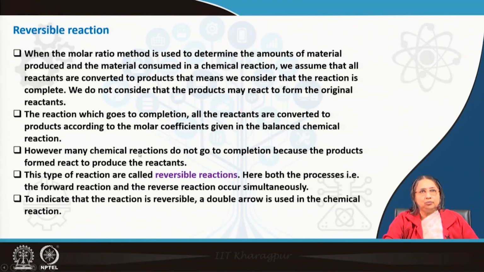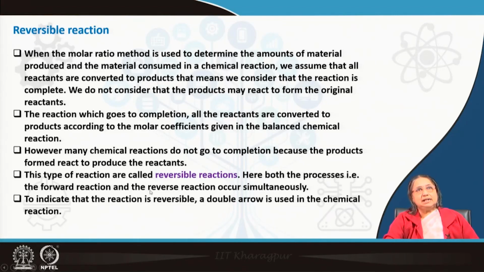But almost all chemical reactions do not go to completion, because the products formed react to produce the reactants. That means the opposite reaction also occurs. Reactants form the products, and at the same time products also form the reactants.